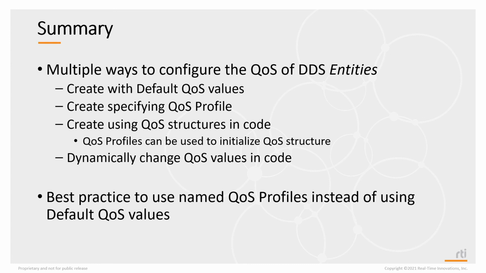Now, QoS structures can also be initialized with a defined QoS profile. Some QoS policies can be modified dynamically after the object has been created. Overall, best practice is to always use a named QoS profile to create a DDS entity instead of creating a DDS entity using the default QoS values.